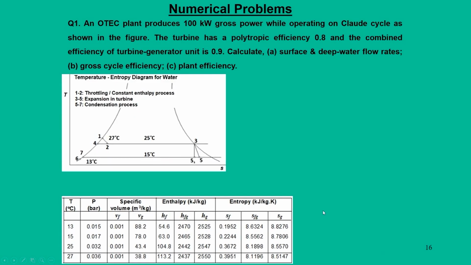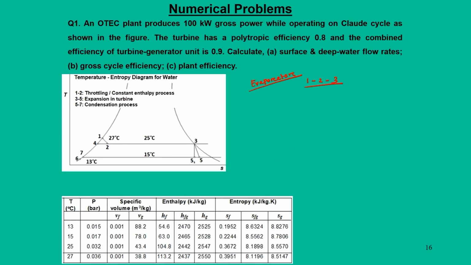So, first, let us try to solve it one component at a time. We are looking at the evaporator unit. In the evaporator unit we start from the process 1 to 2 to 3.